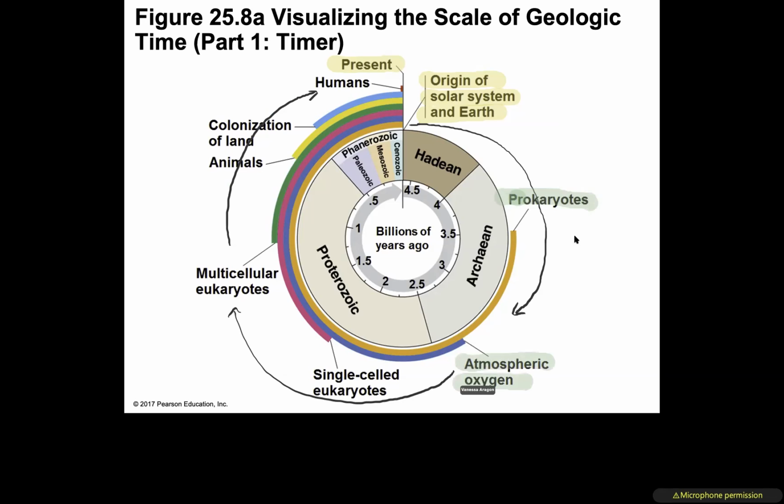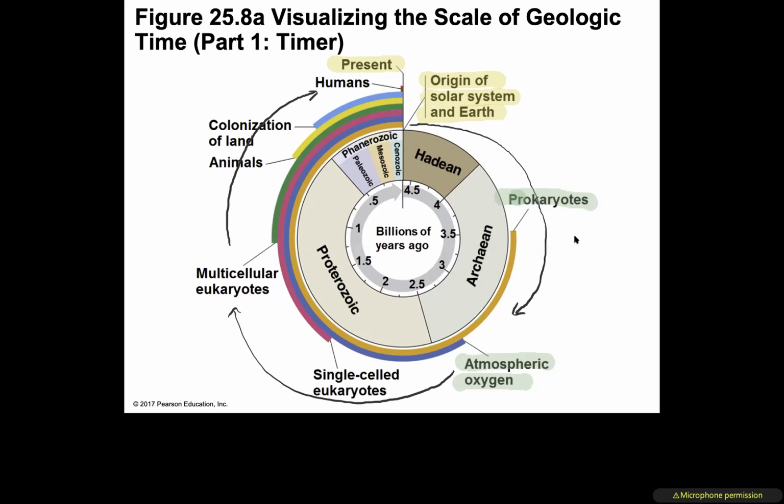As I was showing you, look at the time between your prokaryotes and oxygen becoming present in sufficient amounts on Earth. Those prokaryotes were anaerobic, and they are the ones that changed the Earth so that we could live.